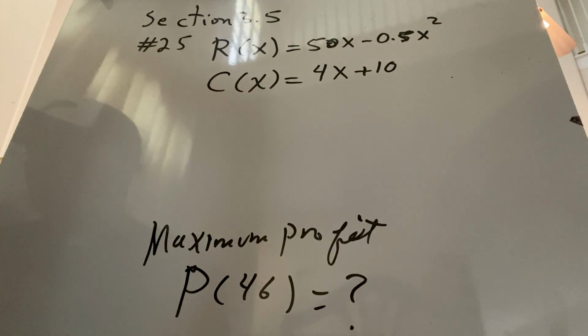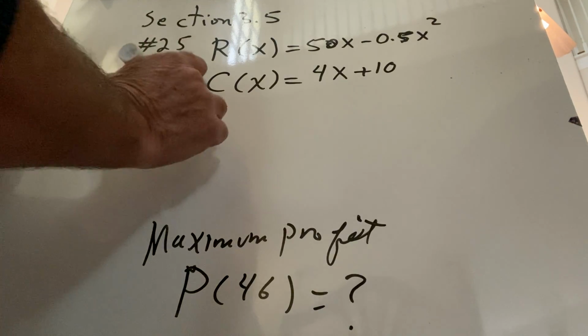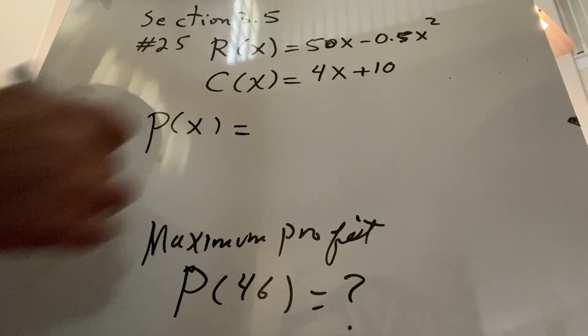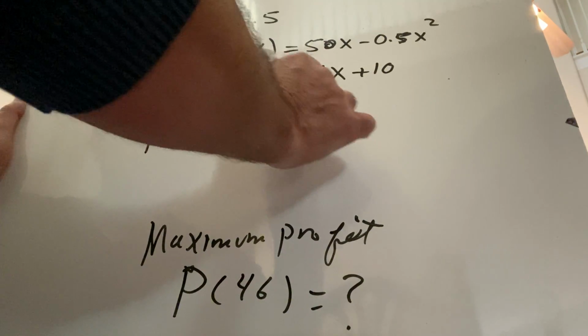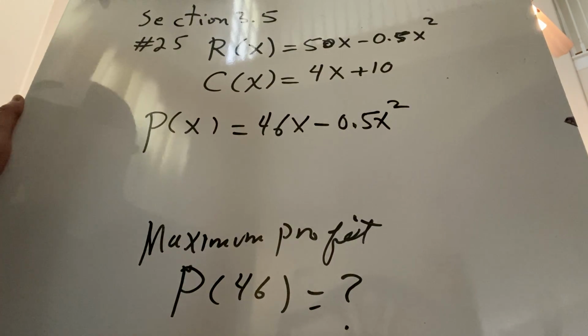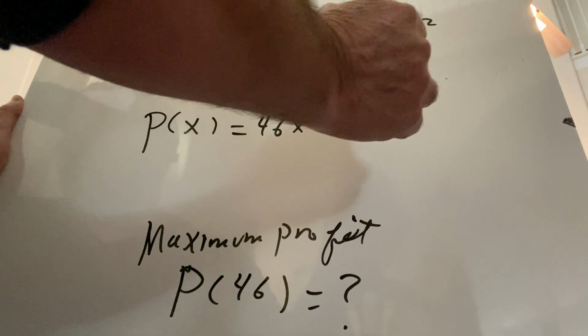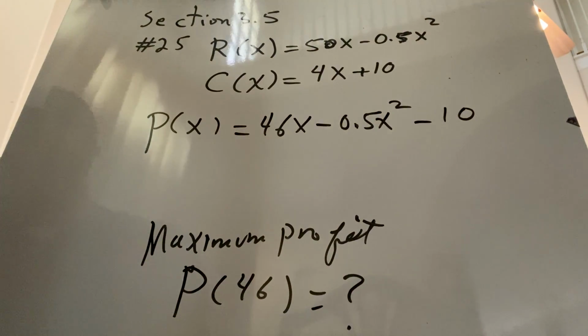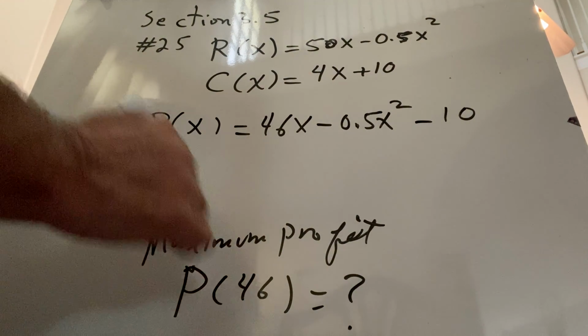As you simplify the profit function, as you remember, we got P of x to be 46x minus 0.5x squared, and of course minus 10. This was our profit function.